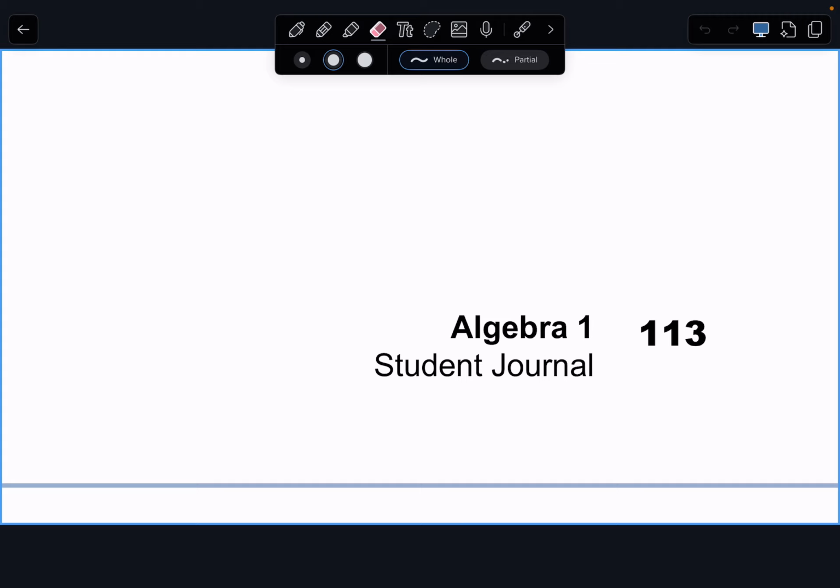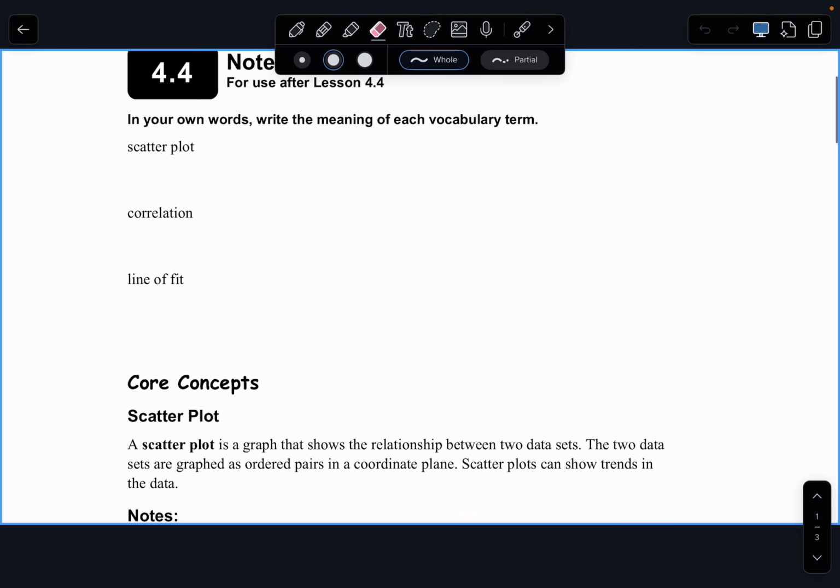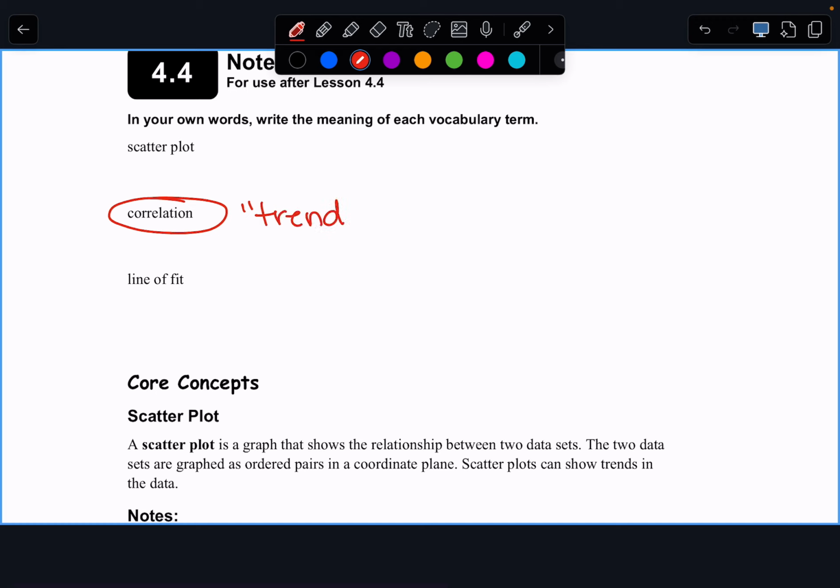Okay, so on our scatter plot, it's basically a bunch of coordinates, okay? But I'm going to ask you to give me correlation. Correlation, okay, is basically if we have a trend, okay?